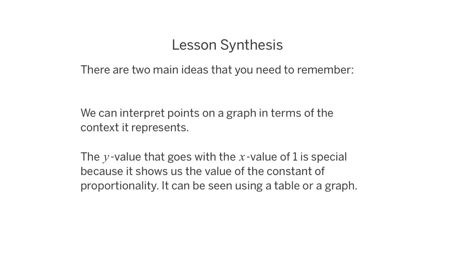So what this comes down to are two main ideas that we need to remember. First, we can interpret points on the graph in terms of the context it represents. So I'm just going to write down a little notes for us here. We need to know what the x values are, what the y values are, and how they relate.